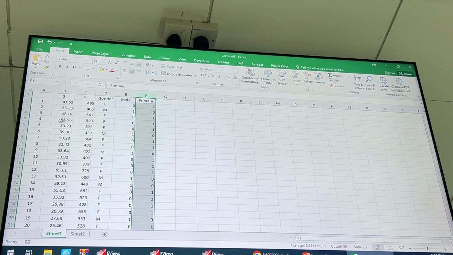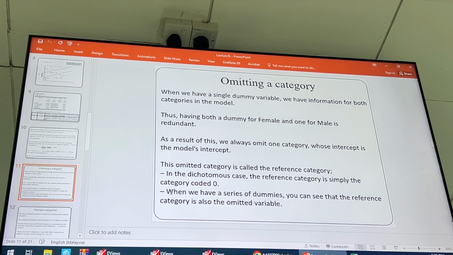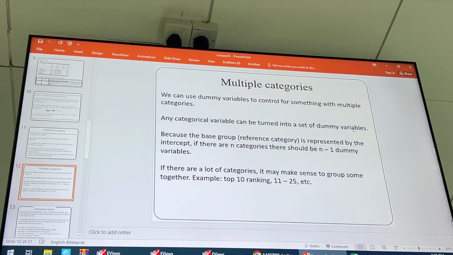For the case where we have more than 2 categories, when all D equal to 0, then that is our reference category. When we have a series of dummies, the reference category is also the omitted variable. So with multiple categories, we can use dummy variables to control for something with multiple categories.